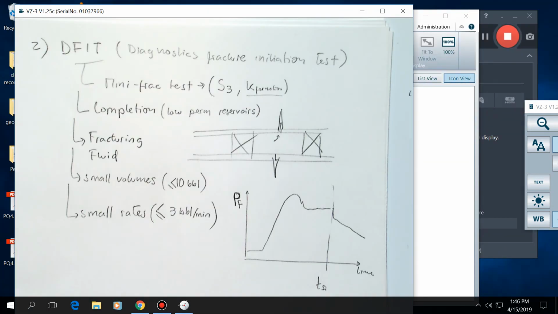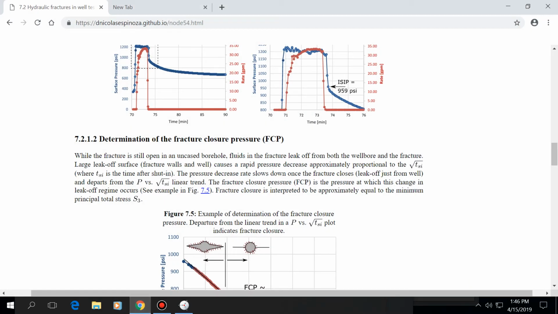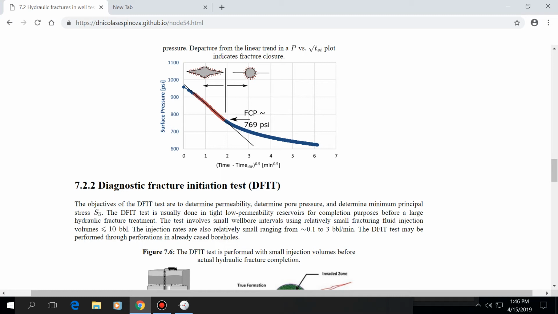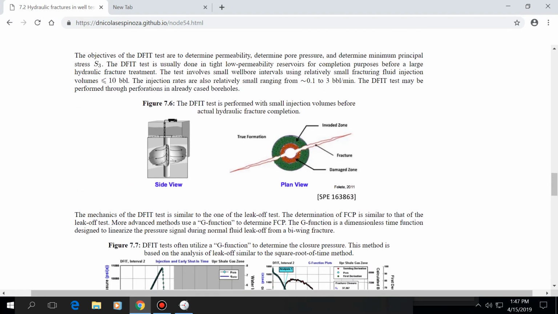So it doesn't make too much sense to go over all of those. What I'm going to tell you though is that the analysis is very similar to the one we saw before, with this trying to recognize what type of fluid behavior you have, either if you have leak off from a fracture or leak off from a wellbore.